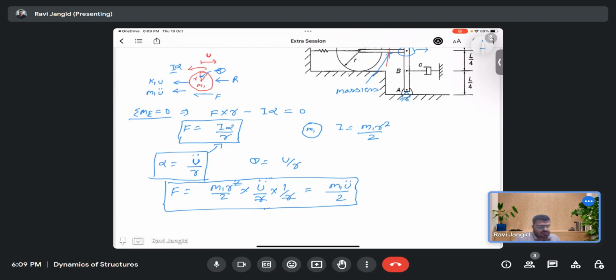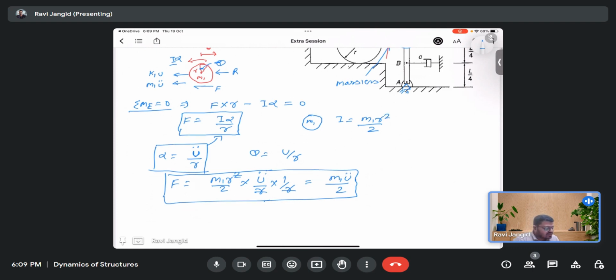After getting f, another equation we need to apply at the disk is the sum of forces in x equal to 0. Those forces will be R plus k1 u plus m1 u double dot, plus f, is equal to 0.